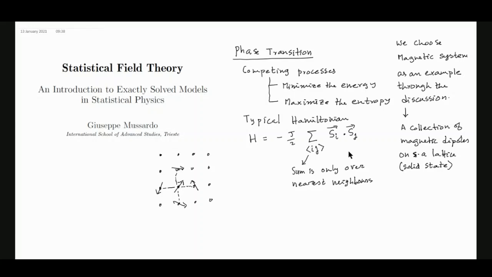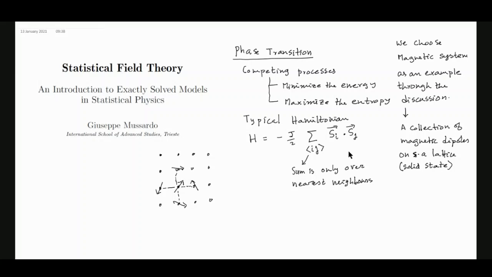This is obviously an approximation, but it is generally believed that the interactions are short range. They at least die down when you go far away from the point where you are interested in calculating the interaction. Now this J is some constant, and you will learn when you actually study magnetism that it comes basically from the quantum mechanical exchange symmetry of the wave function.